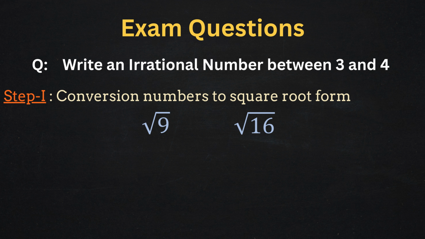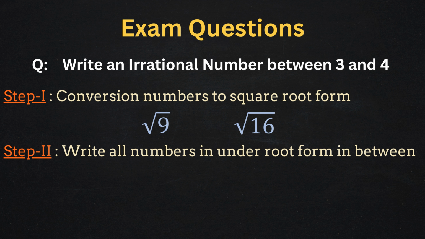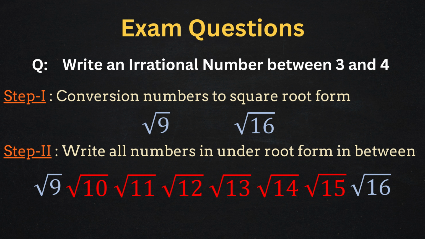So far, we have just converted the two numbers to their under root form. In the second step, we write all the numbers between under root 9 and under root 16 in the same square root form. They would be under root 10, under root 11, under root 12, under root 13, under root 14 and under root 15.